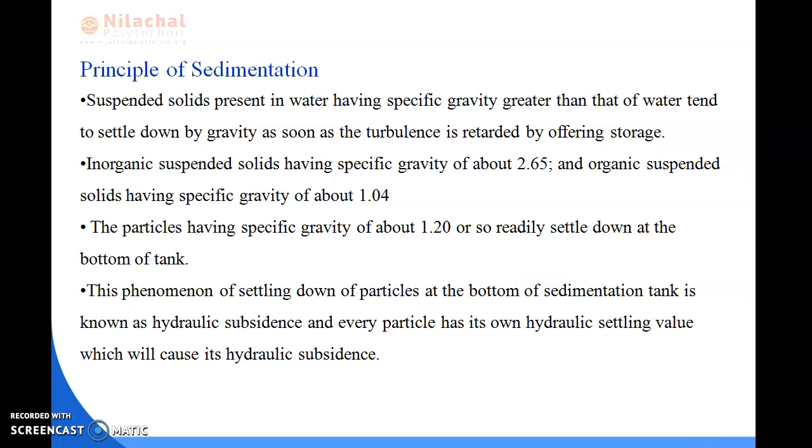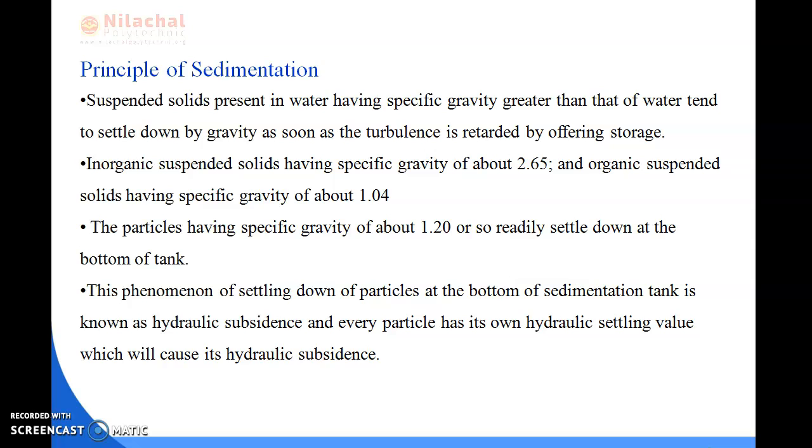So we can say that the suspended impurities of larger size removed by sedimentation have a specific gravity greater than the specific gravity of the water, and those impurities settle down as soon as the turbulence is retarded by offering storage.